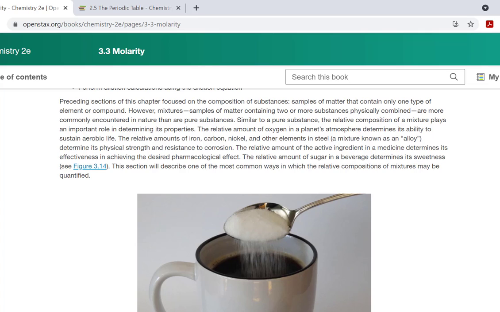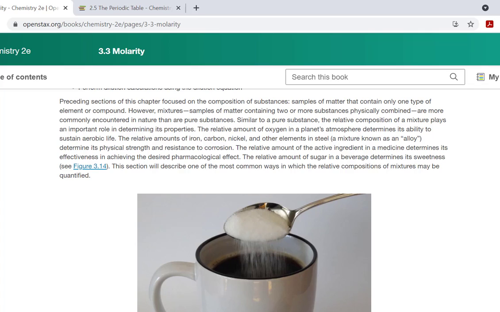So we've been looking at finding the percent compositions of elements. In this section, we'll be looking at a particular type of mixture, the homogeneous mixture, and looking at how we can discuss how much of a substance we have in a mixture.